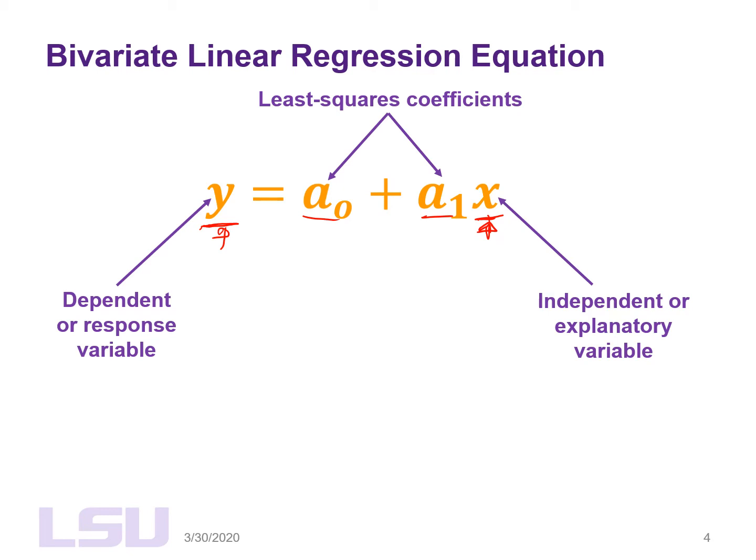So those two terms, A0 and A1, are referred to as least squares coefficients. The first, which is A0, is the intercept on the y-axis, whereas the second term is the slope of the line. And I'm going to show you that graphically in the next slide.